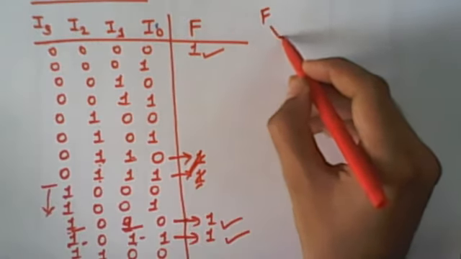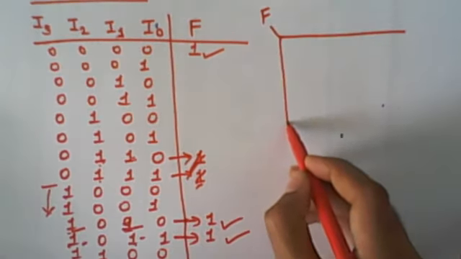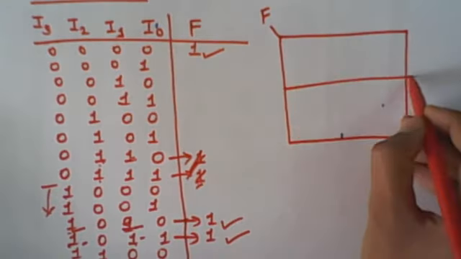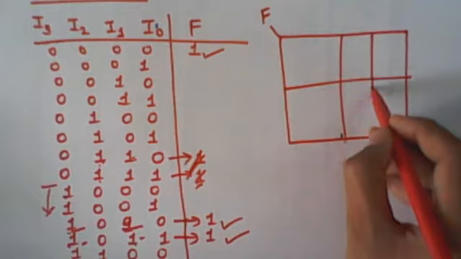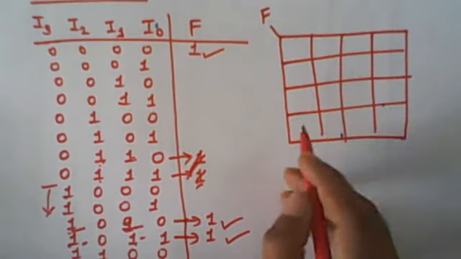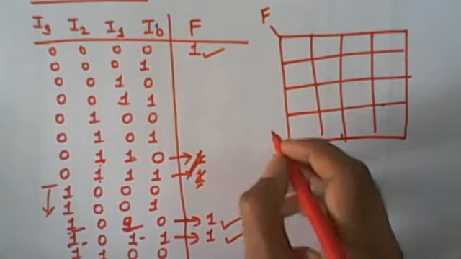Now the next step is we have to prepare its Karnaugh map to minimize the output variable Boolean equation or output logic, which requires fewer logic gates.